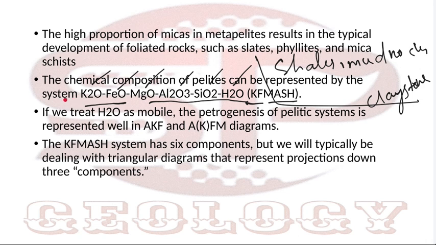This was also a question in a previous year GSI paper: which of the following compositions best represents shale rock? The answer is the KFMASH system: K2O, FeO, MgO, Al2O3, SiO2, and H2O were in the options. So all the fine-grained rocks can be defined by this composition.